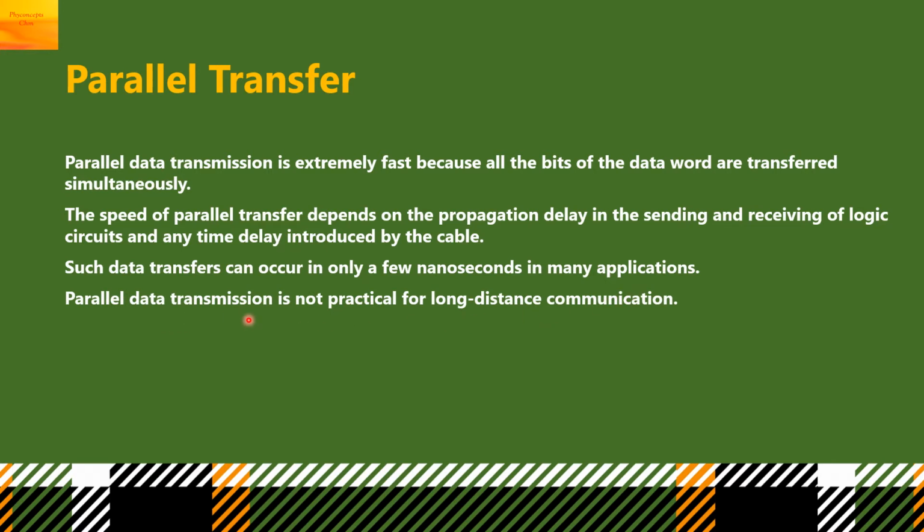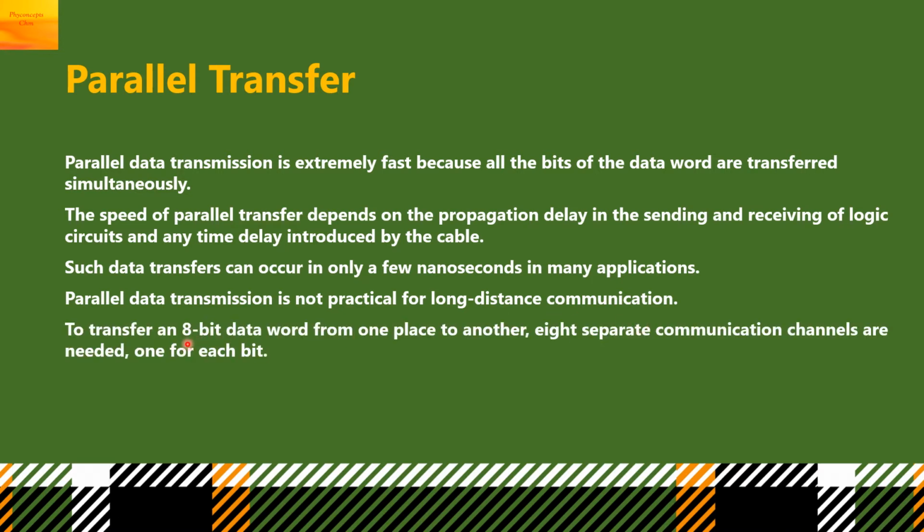Parallel data transmission is not practical for long distance communication. To transfer an 8-bit data word from one place to another, 8 separate communication channels are needed, one for each bit.